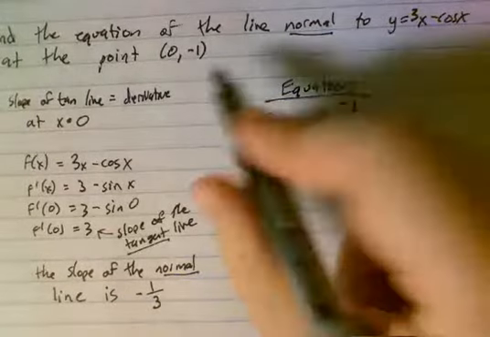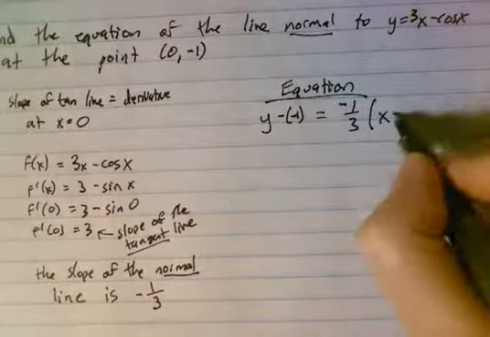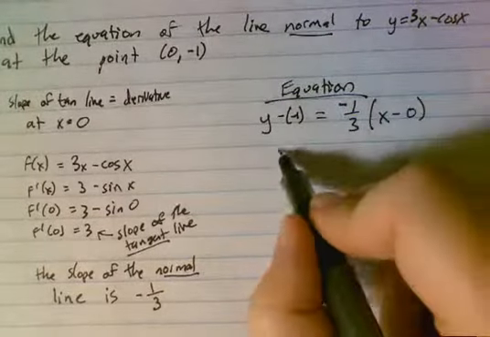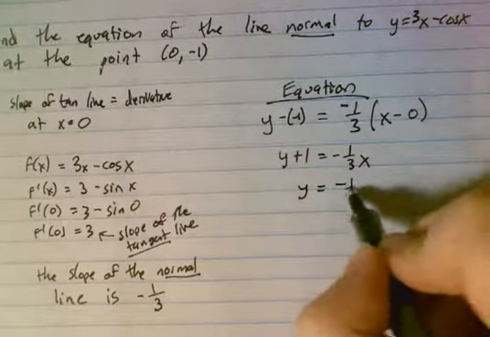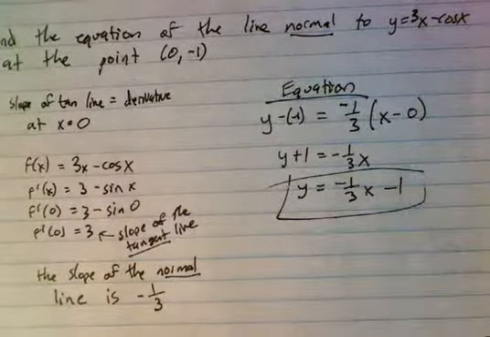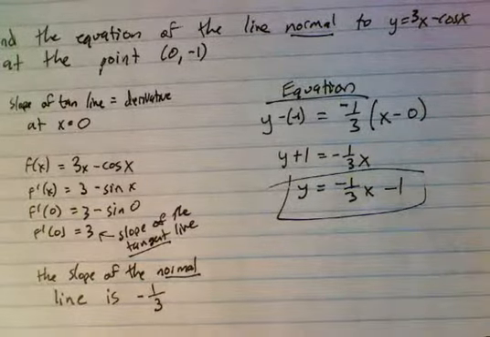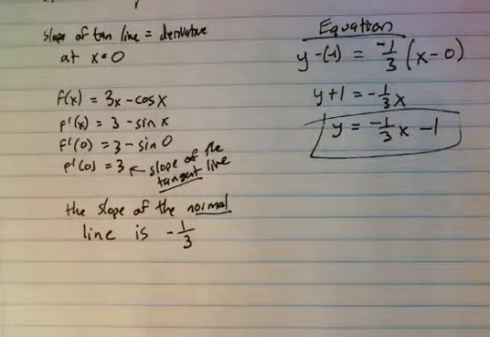We're going to do y minus y1, and then x minus x1, like so. So that's finding the equations for the different lines.